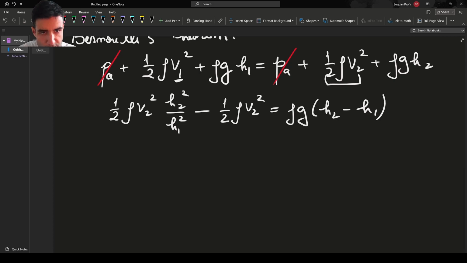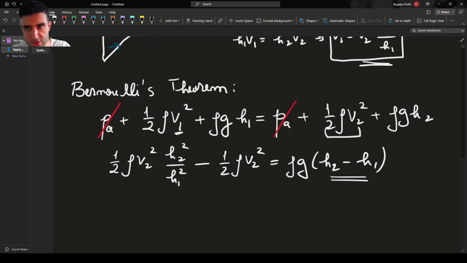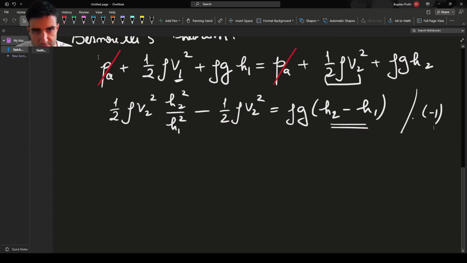And if you think about it for a second, this term is actually negative because H2 is smaller than H1. So what I'll do instead is multiply everything by -1, and when I do that, I'm going to switch the signs of everything like this.